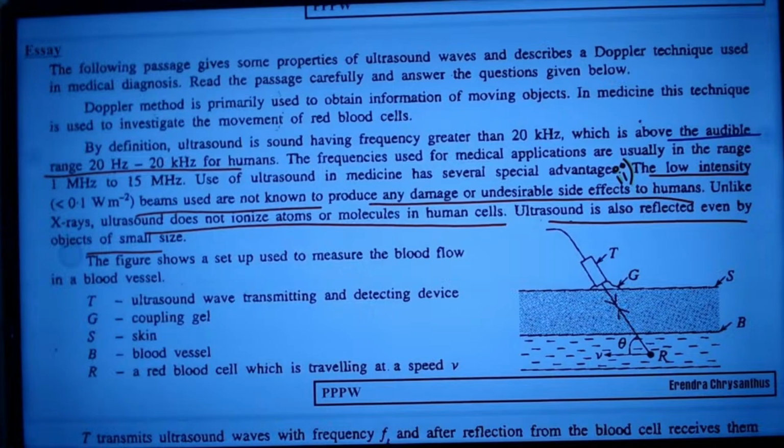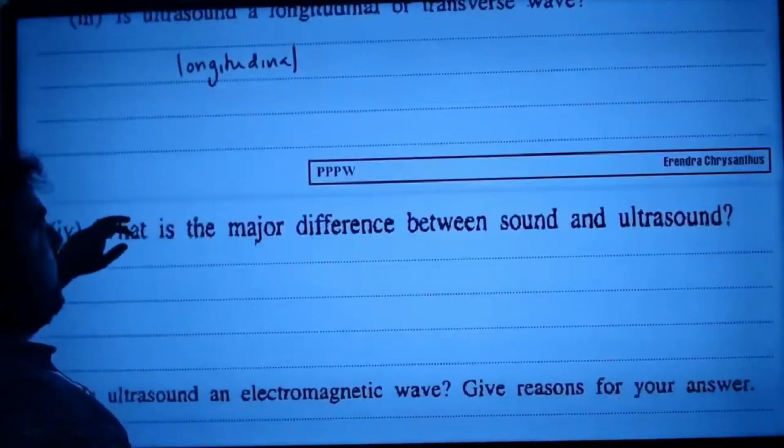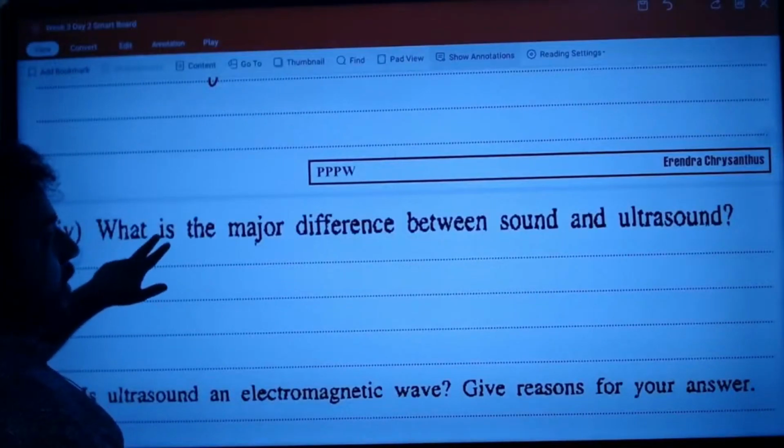Right. So ultrasound. Here they are asking, what is the major difference between sound and ultrasound?